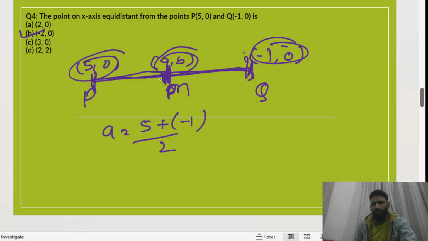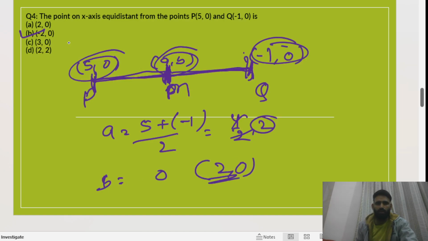So this coordinate is (a, b). 5 minus 1 means 4, by 2 means this is 2, and b is 0 by 2, which is 0. So (2, 0). So it means this is the option, not B. So (2, 0), the equidistance formula.